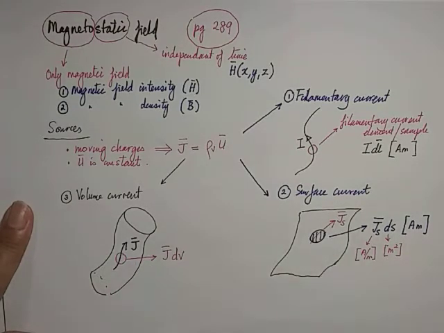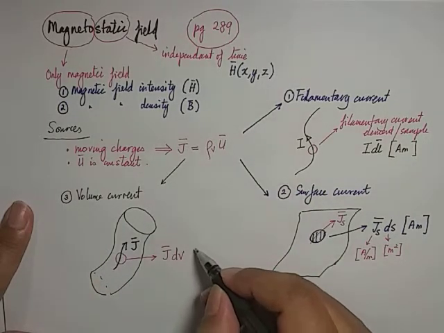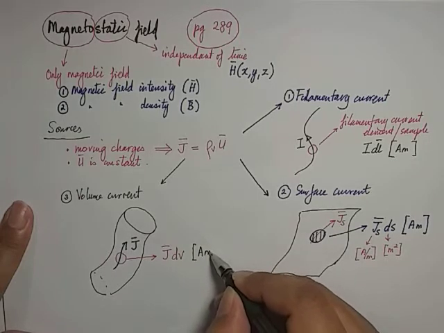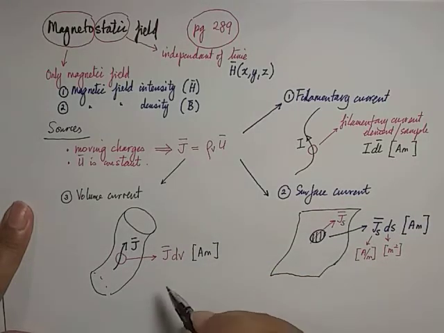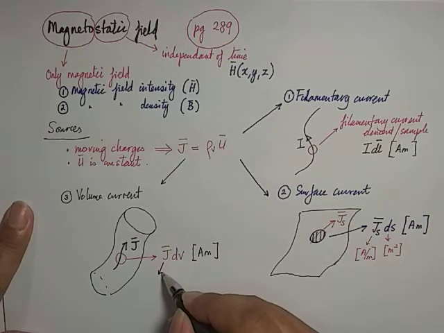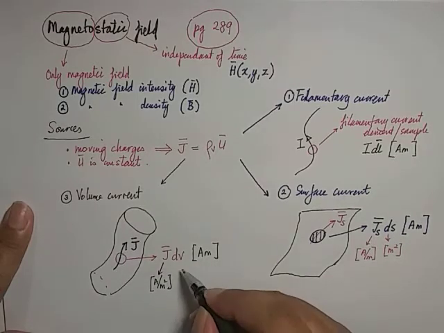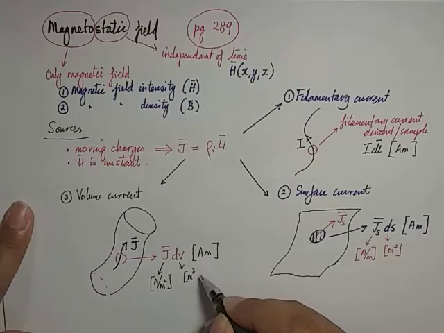That should be our third model. The unit for this sample is still ampere meter. The unit for J is going to be ampere per meter squared, whereby the unit for volume, as we have seen before, will be meter cube.